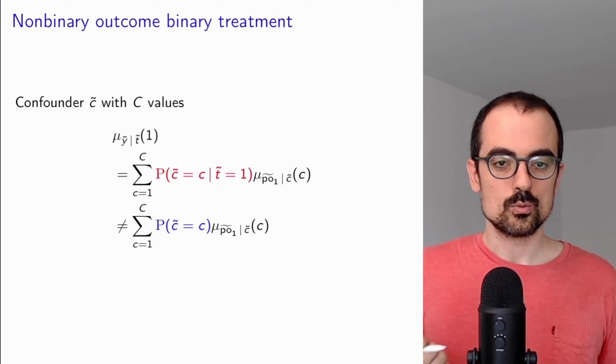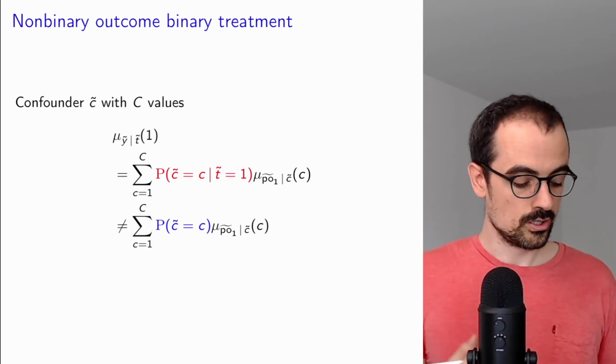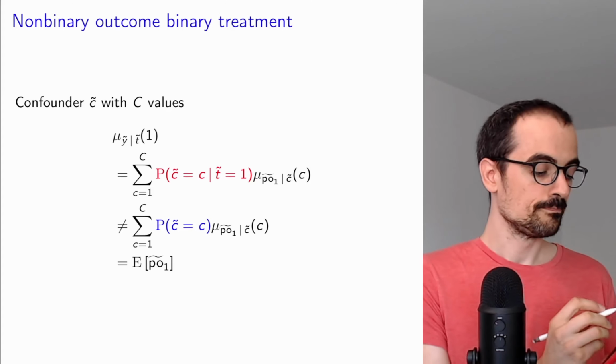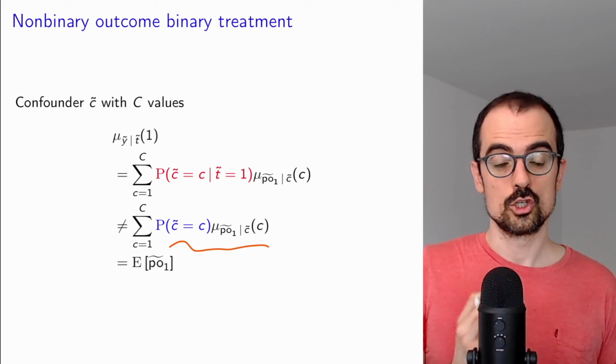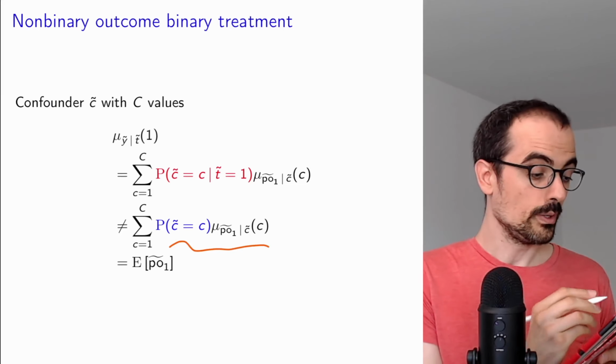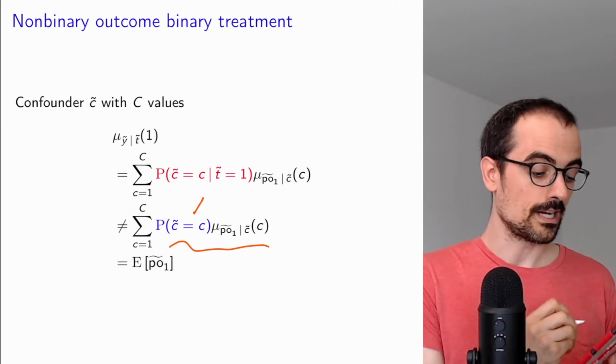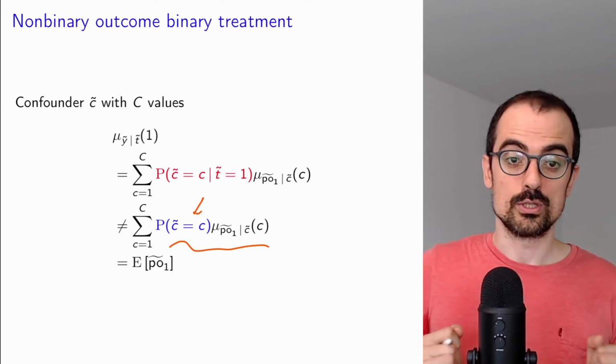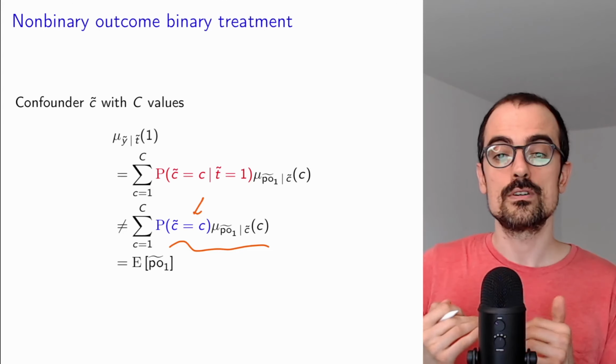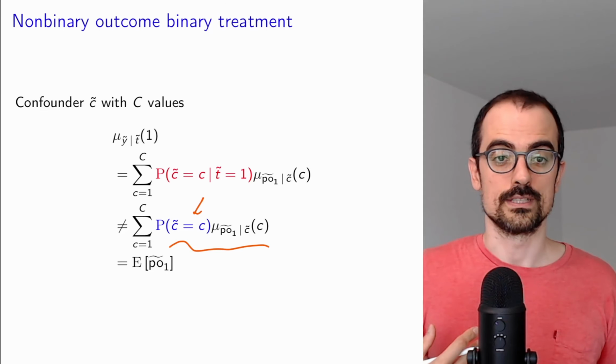The problem is that when we look at the mean of the potential outcome that we're interested in, by the law of total probability, it's equal to the weighted conditional averages, but we weight by the fraction of that value of the confounder in the whole population, not only in the treatment group. And that can be systematically different, which will distort the observed effects.